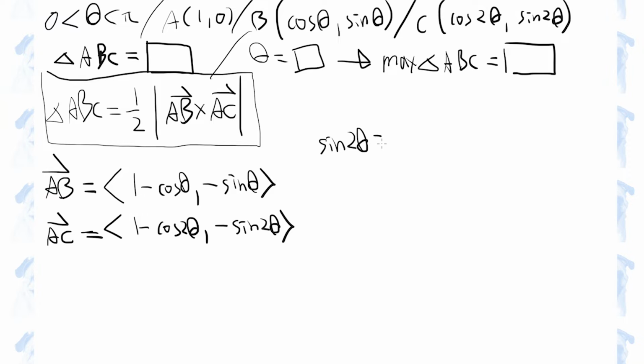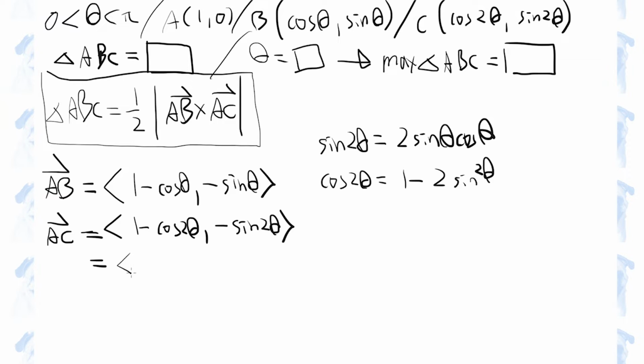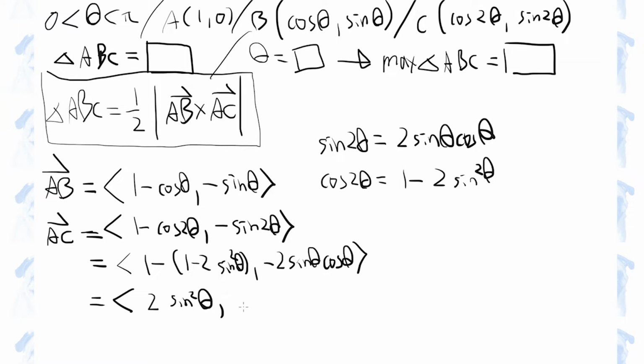Sine 2 theta is 2 sine theta cosine theta, and the other one is cosine 2 theta is 1 minus 2 sine theta squared. Vector AC can be rewritten as 1 minus 2 sine theta squared and minus 2 sine theta cosine theta, which is 2 sine theta squared minus 2 sine theta cosine theta.